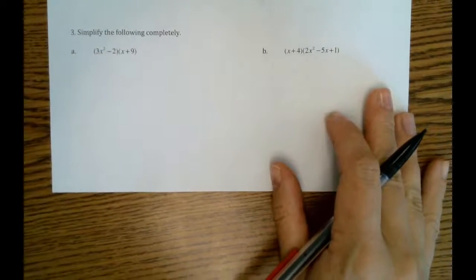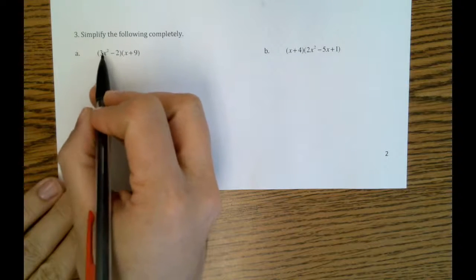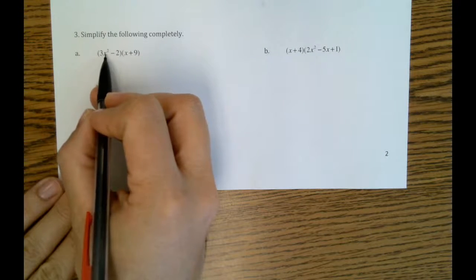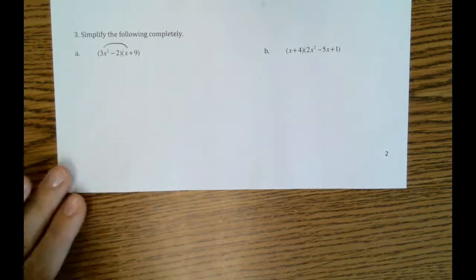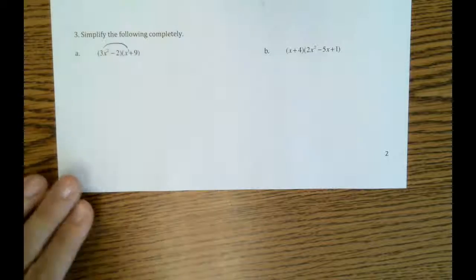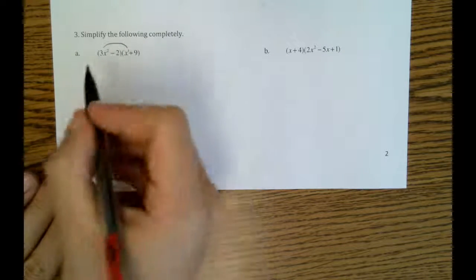Okay, number 3, A and B. 3 is very similar to what we were doing. However, we have an x squared here, and we haven't dealt with that yet. So when we do 3x squared times x, remember we're adding the exponents there. So this is an exponent of 2 and 1, so we add that together.